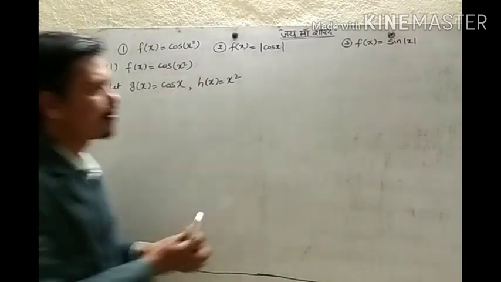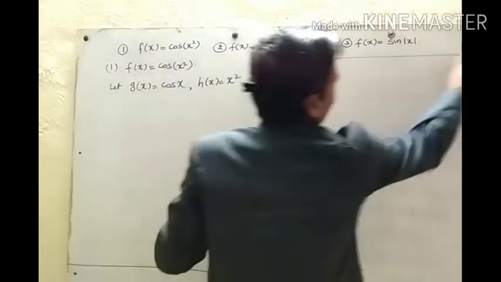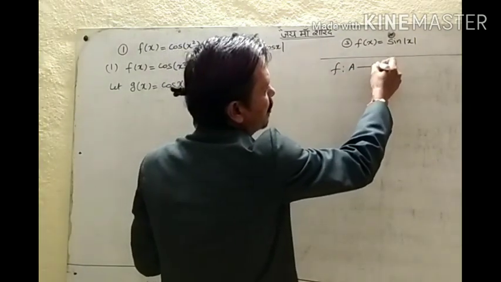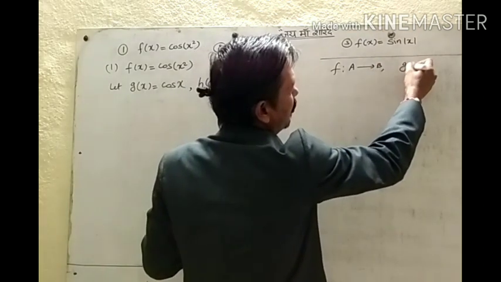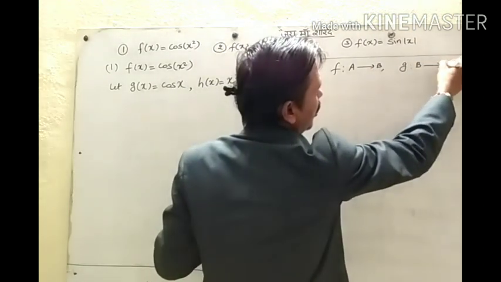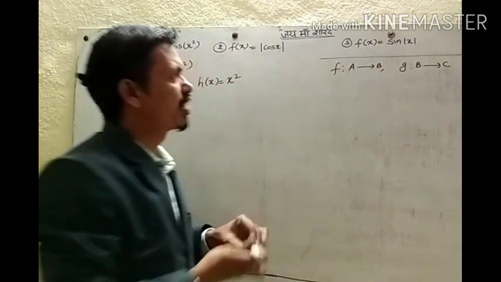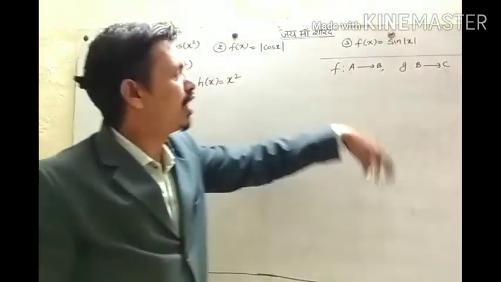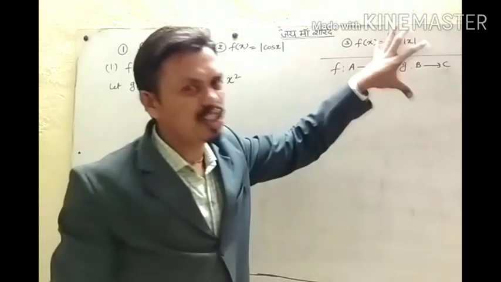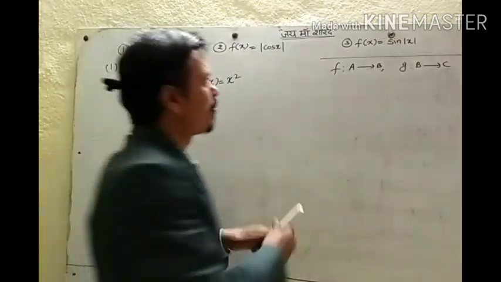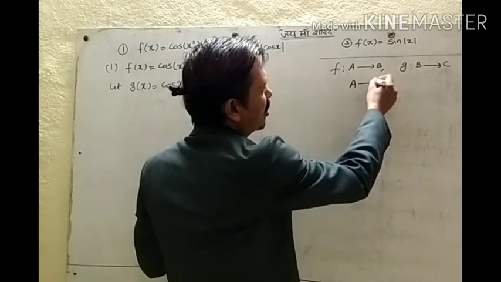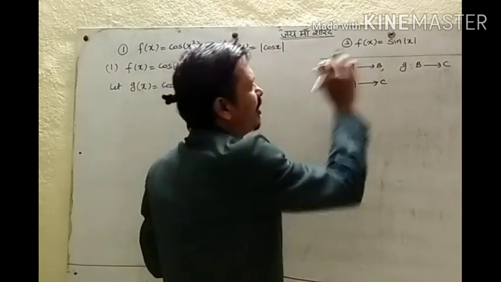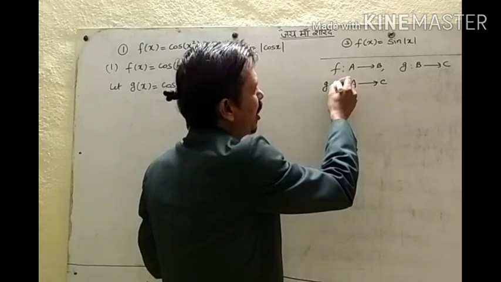Composition function means, suppose we have one function f from A to B, and one function g from B to C. Now with the help of these two functions, we define a new function from A to C. That function is called the composition of f and g, and we denote it by g o f.